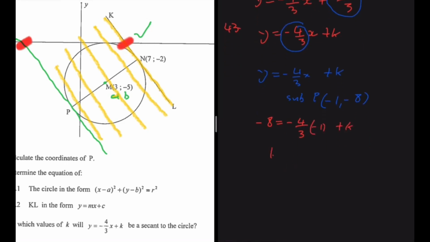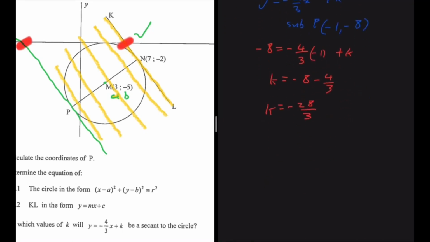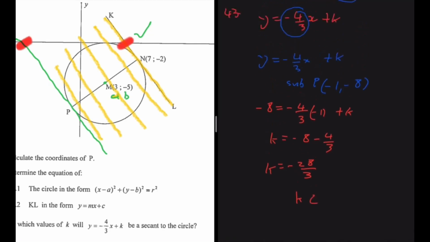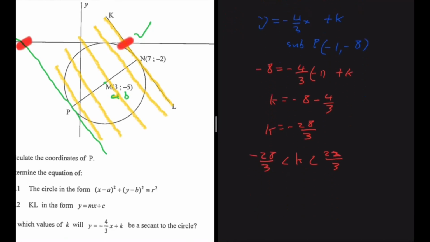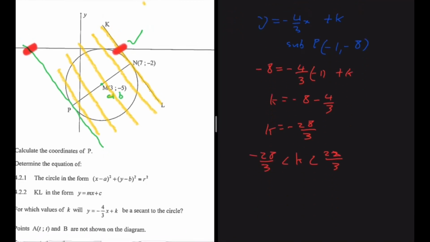So k will be equal to minus 8 minus 4 divided by 3, so k is equal to minus 28 divided by 3. So when k is between 22 divided by 3 and minus 28 divided by 3, the line y is equal to minus 4 divided by 3 x plus k is a secant to the circle.